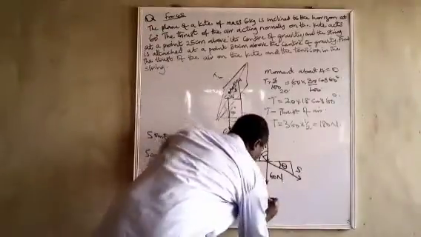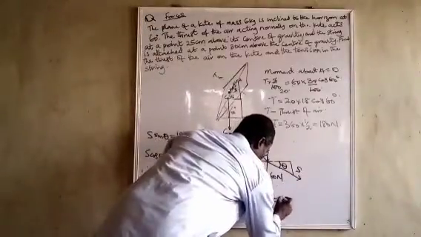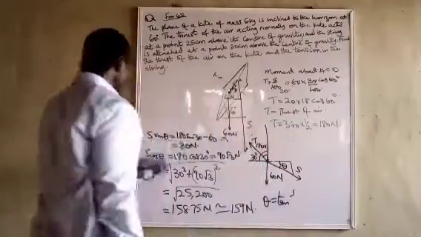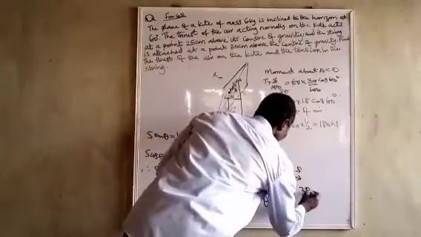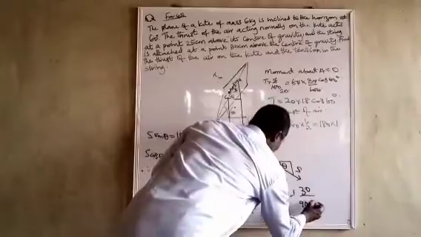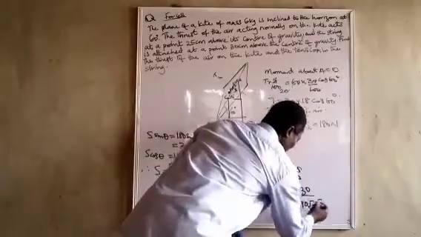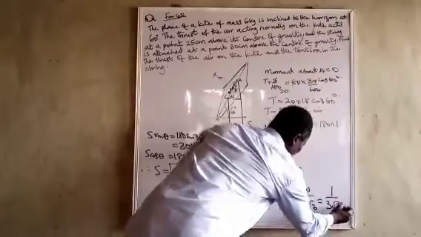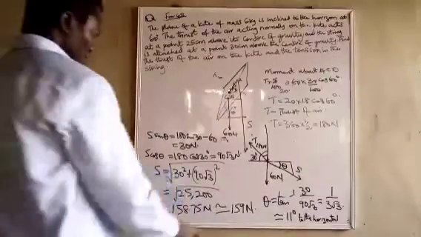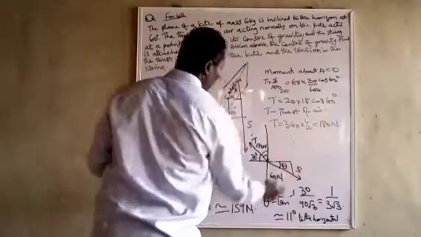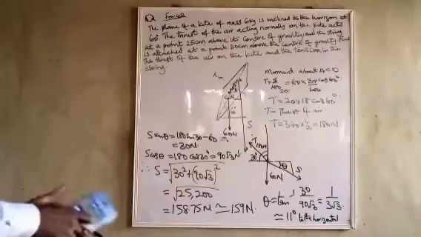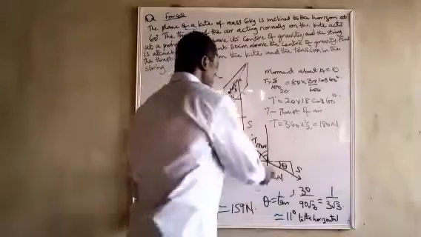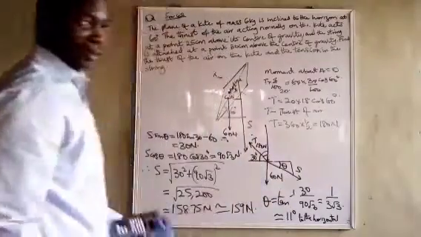So theta is equal to arctan of 30 over 90 root 3, and that is 1 over 3 root 3. So that is the direction of S, and if you want to get it to the kite, it will be 11 plus 60. That is 71 degrees to the kite.